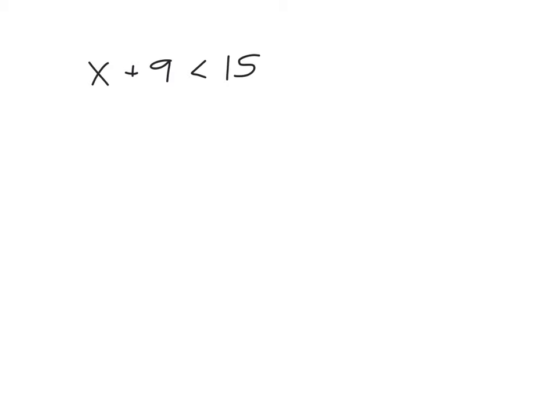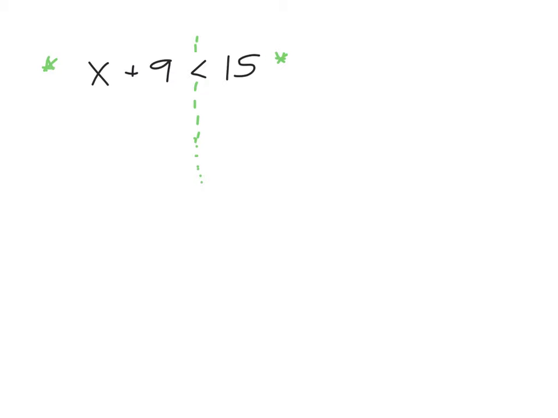Keep in mind that this inequality symbol splits this statement into two sides, just like the equation split the statement into two sides. Now these aren't balanced because this side over here, the left side, is always less than the right side, which is 15.